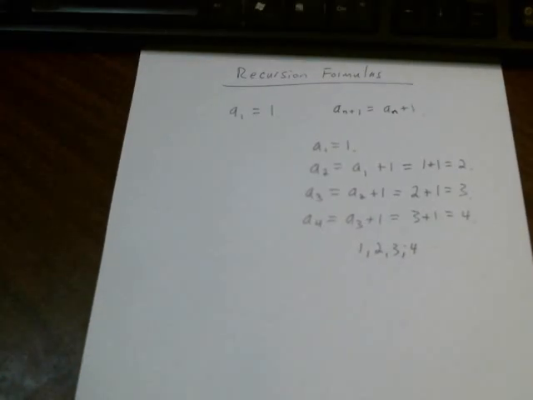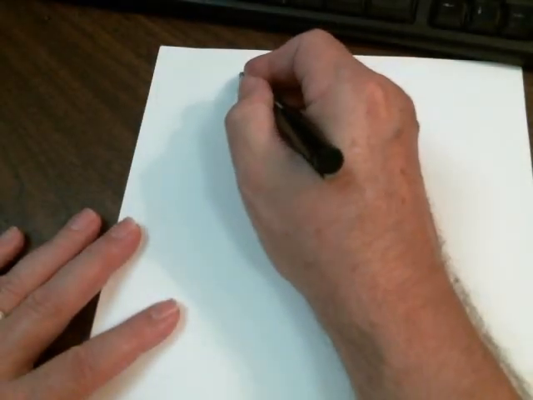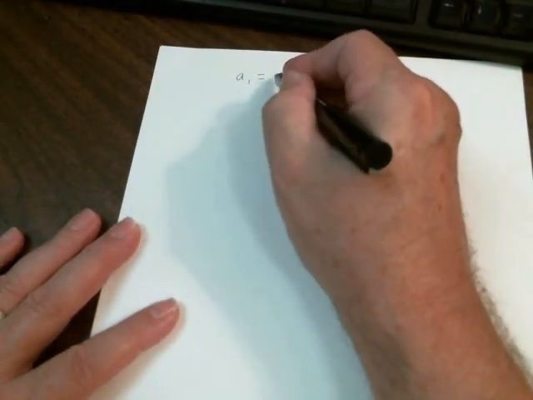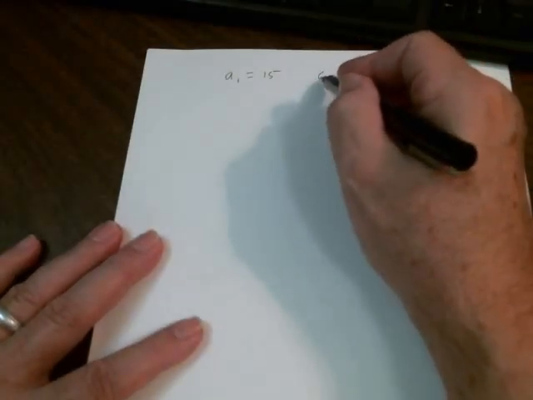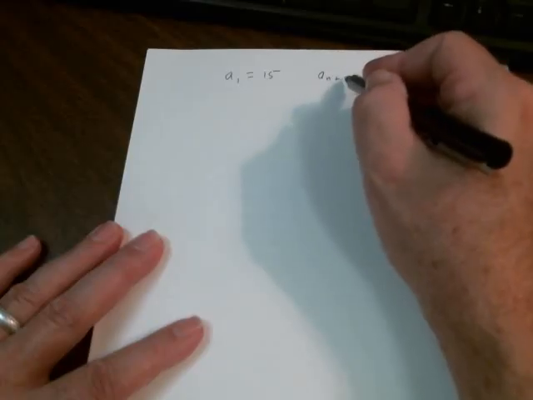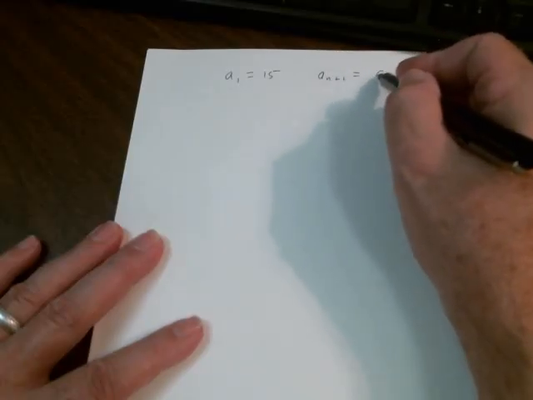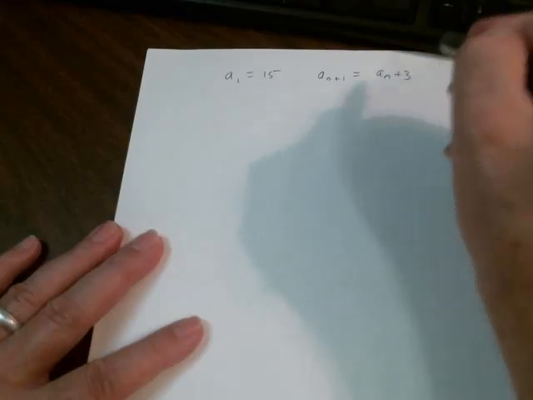the counting number sequence. Now let's try a different example, a little more complicated maybe, but not much. I'm just trying to bring you in step by step. Remember that the recursive formula will have to give you a first term. So here let's say the first term is 15, and the rule for generating the other terms will be a sub n plus 1 equals a sub n plus 3.